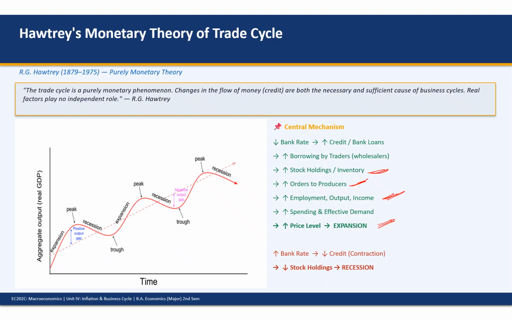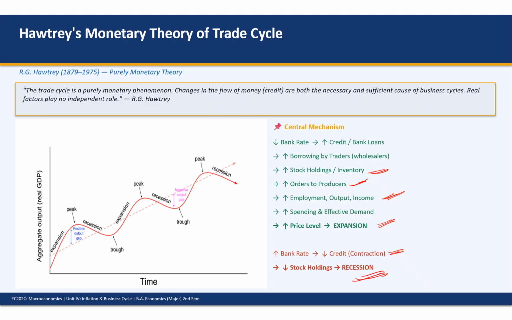When the bank rate rises, the opposite process begins. When credit becomes costly, traders reduce borrowing, stock holdings fall, fewer orders are placed, production contracts, and employment declines. This lowers income and demand, causing prices to fall, and the economy moves towards recession.